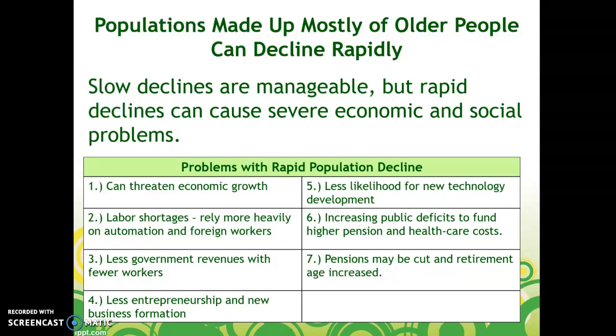Populations that are mostly older people can decline rapidly. Slow declines are manageable, but rapid declines cause a lot of economic and social issues.